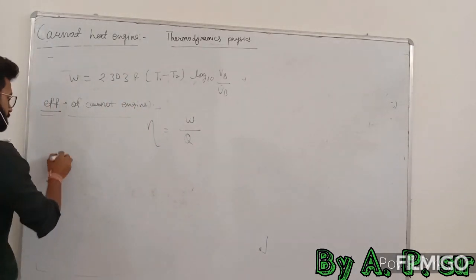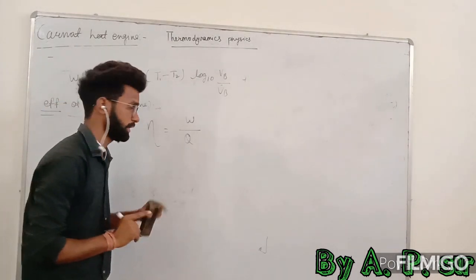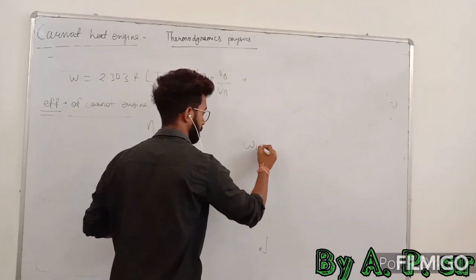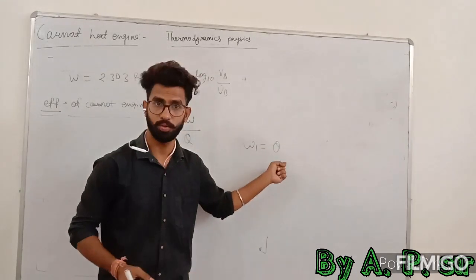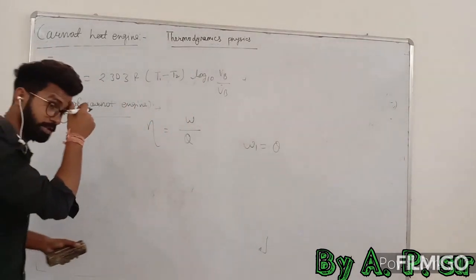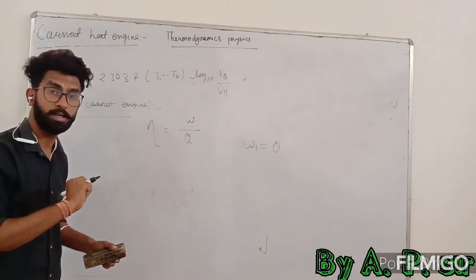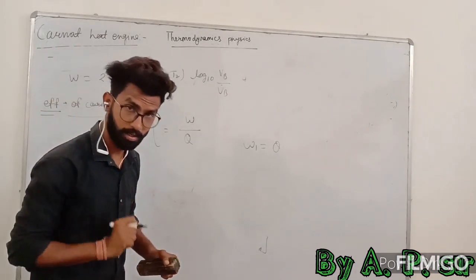First, the work done in the first process equals the energy of the working material, because in the first process the temperature of the working material is T1.